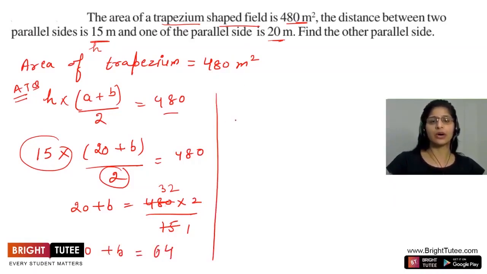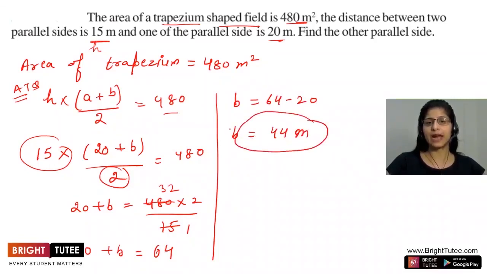Now we can say B is equal to 64 minus 20. So B is equal to 44 meters. So the second parallel side, parallel to A which is 20 as given, is 44 meters. Clear? This is how we use the formula of trapezium and apply it in the questions.